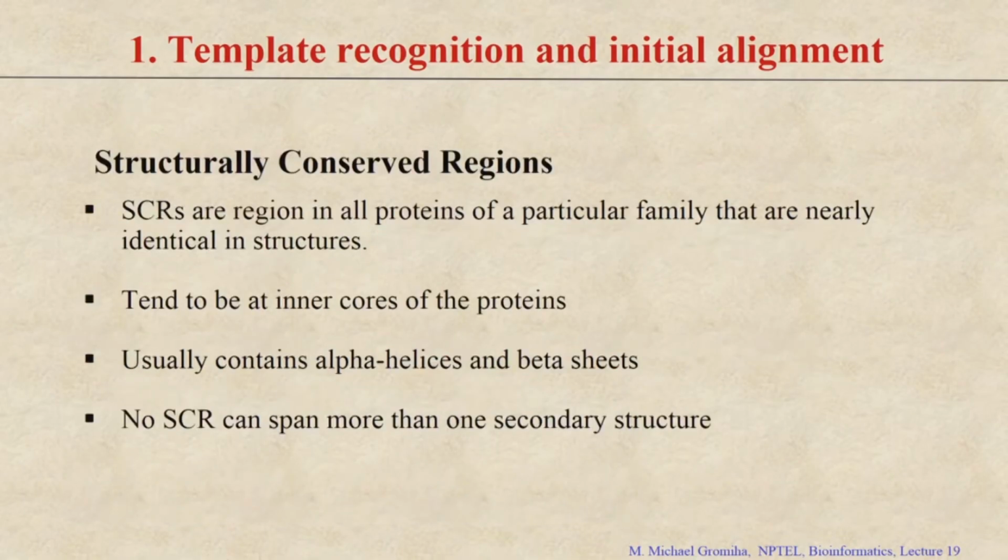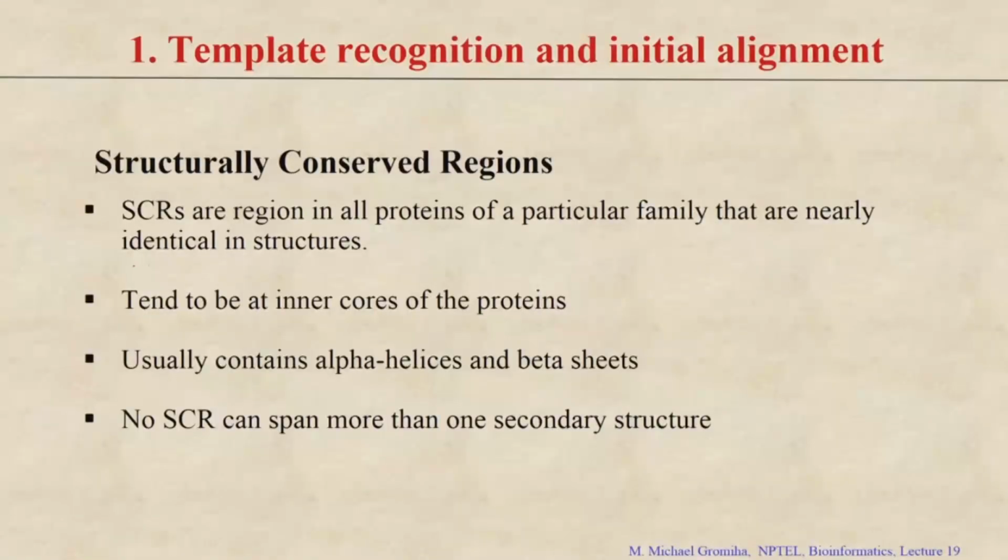How do you check the conserved regions? What are conserved regions? On the protein they have nearly identical structures, right, because the conserved regions have identical structures, and there might be the interior core and mostly they contain alpha helices and beta strands.